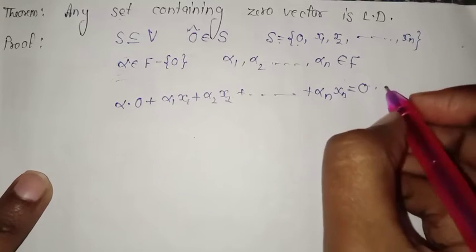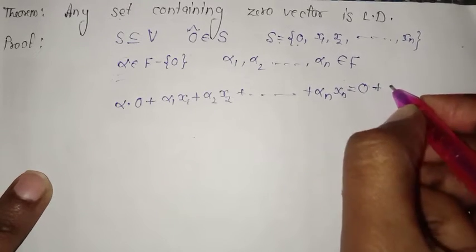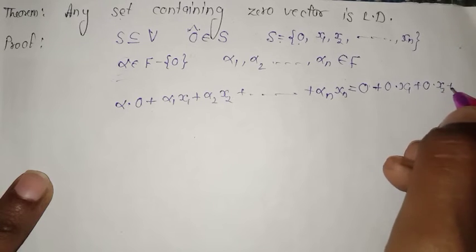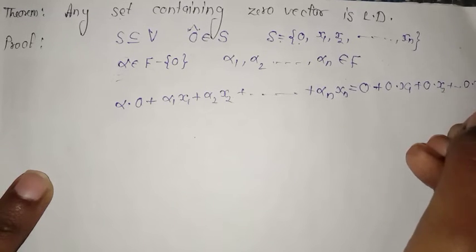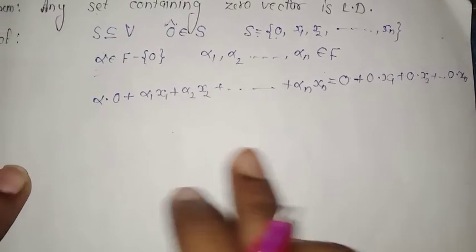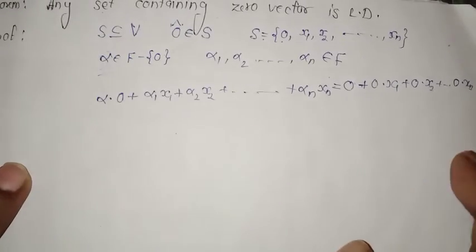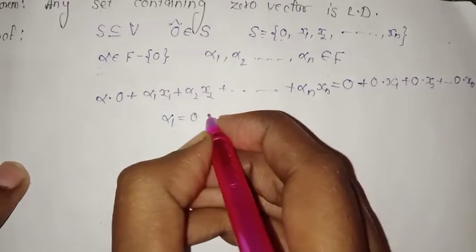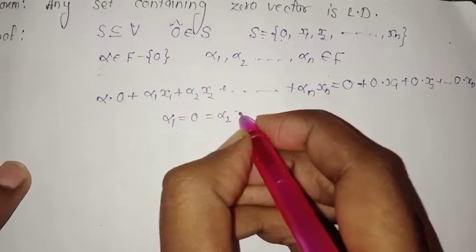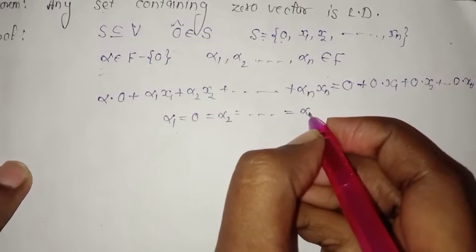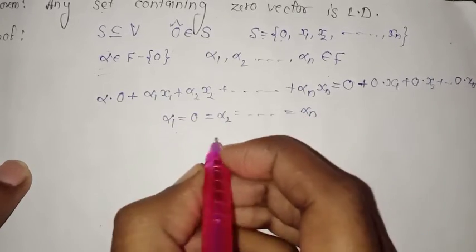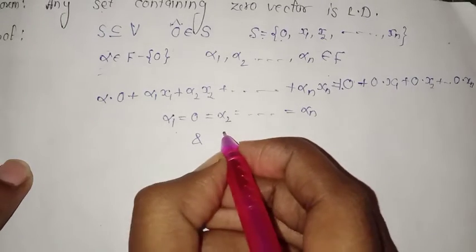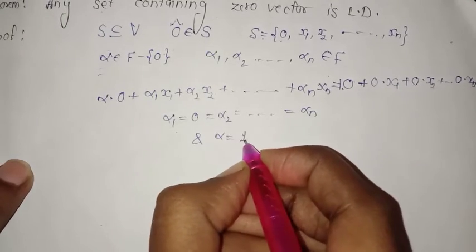This can be written as 0 plus 0 dot x1 plus 0 dot x2 and so on 0 dot xn. If I compare the multiples of x1, x2 and so on xn on both sides, I get alpha 1 as 0, alpha 2 is 0 and so on, alpha n, that is, all these scalars are 0, and alpha is what? This can be written as 1 dot 0, so alpha equals 1.